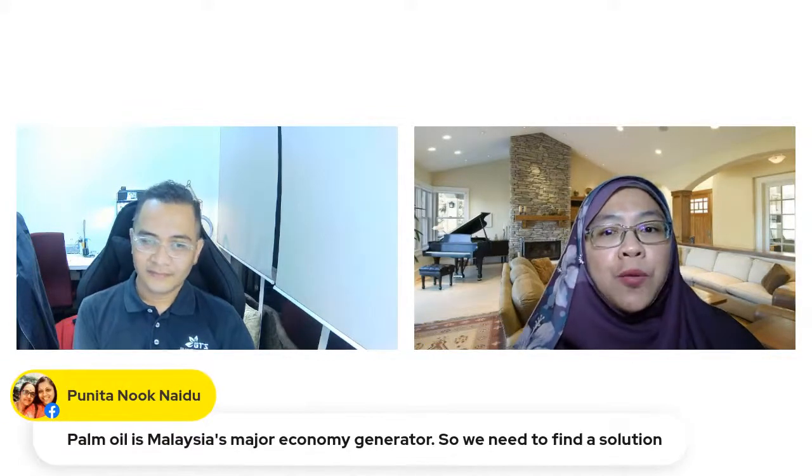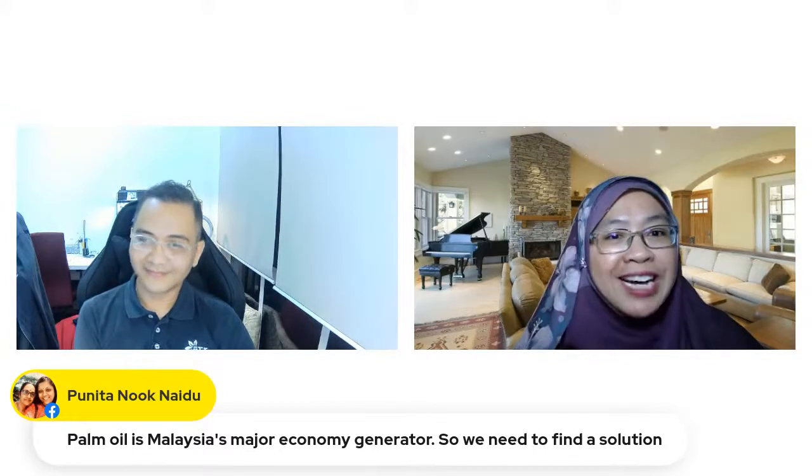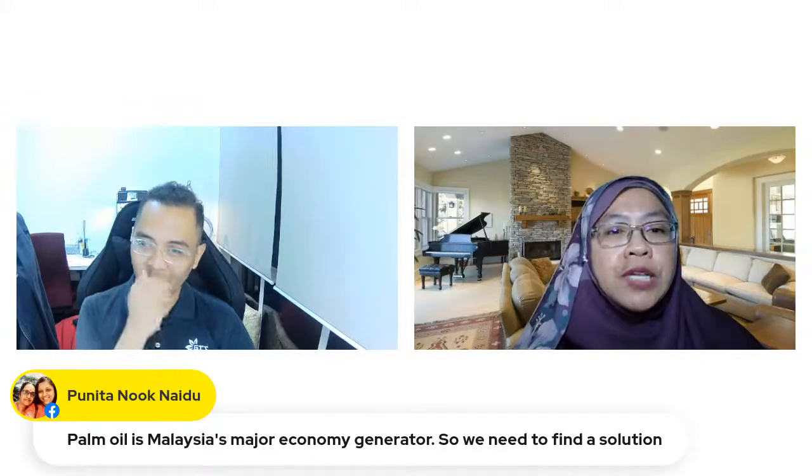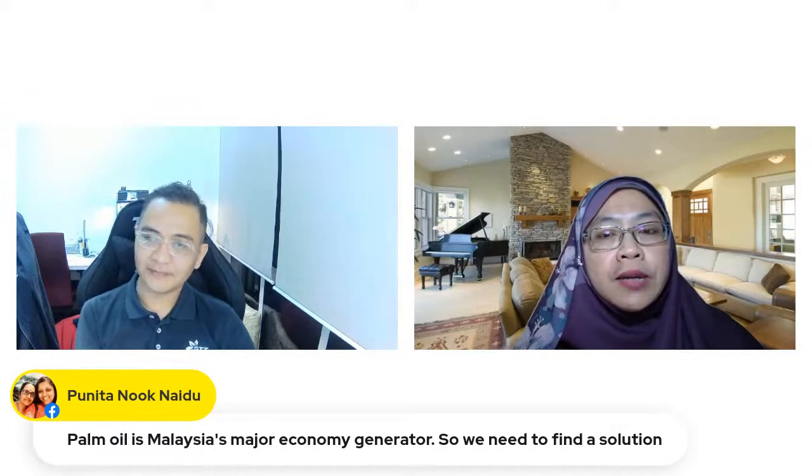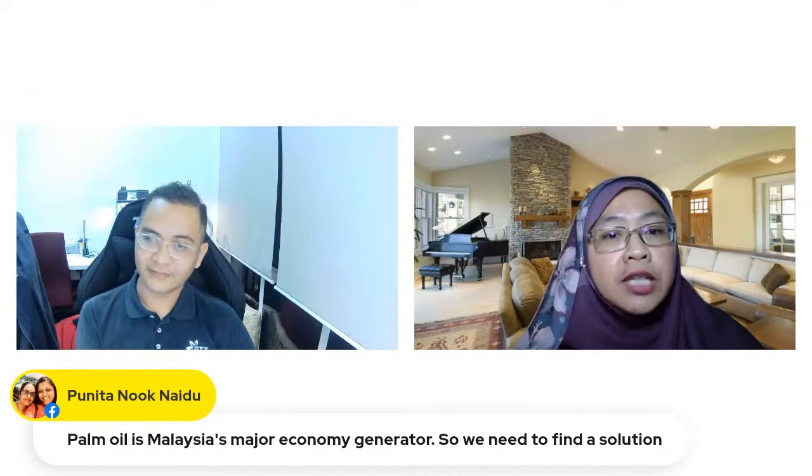Okay. The idea came when we went to a palm oil mill. As usual, my field is waste utilization technology, so I went to many industries to get their byproducts, their waste, to be converted into useful products.